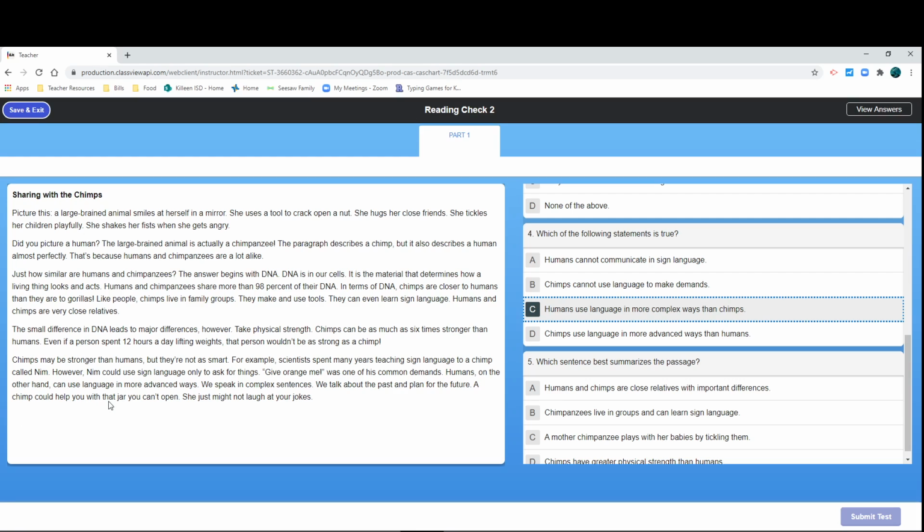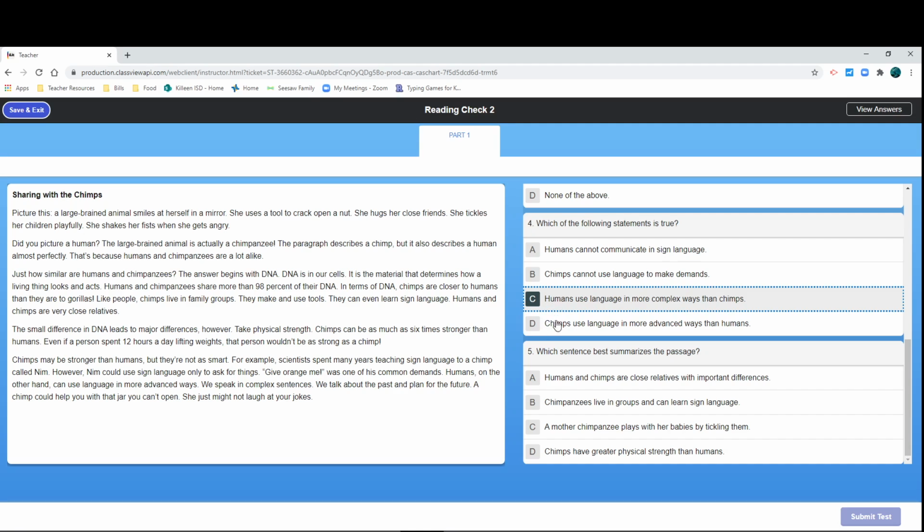A chimp could help you with that jar you can't open, but she just might not laugh at your joke. So laughing at a joke, picking up the nuances of sarcasm, talking about the past, planning for the future, all of that is advanced language use that chimps cannot do. So if we were to go further with that, D is then proof false. Okay, so it just reinforces that C is the answer.